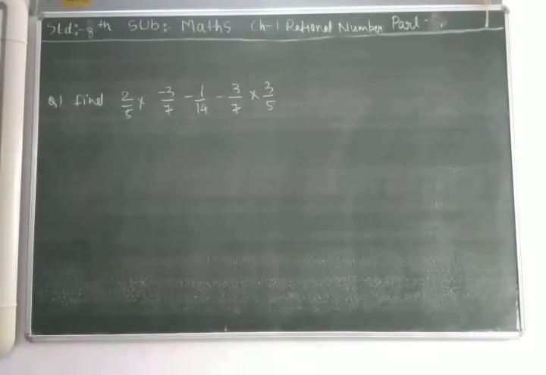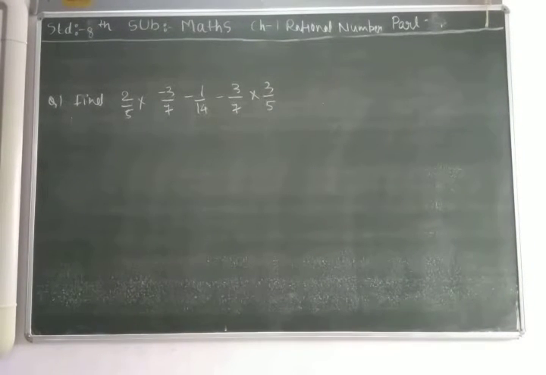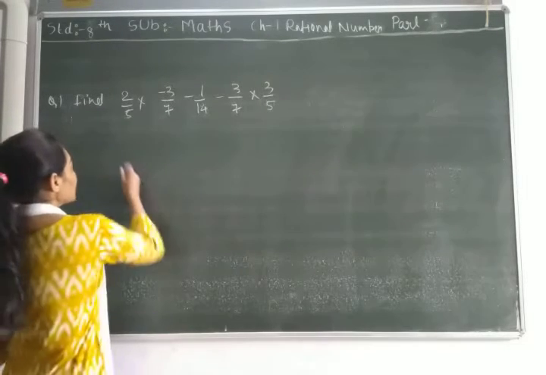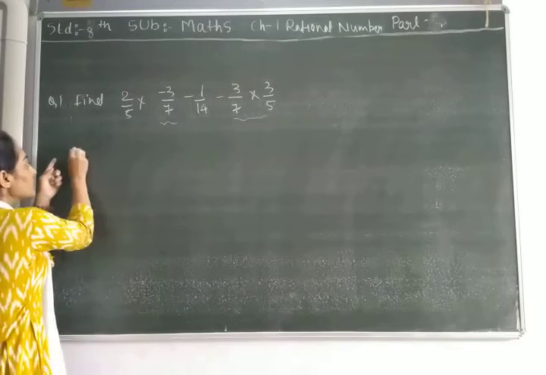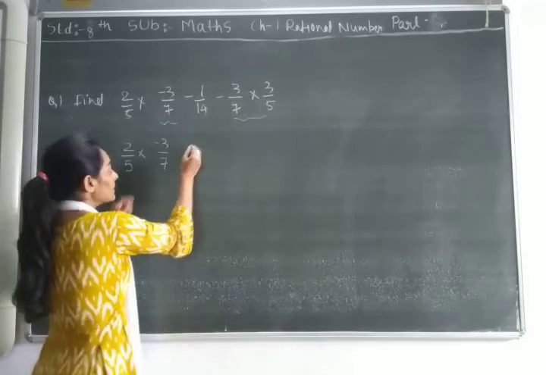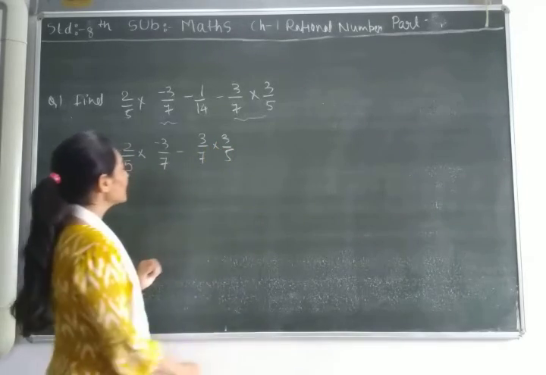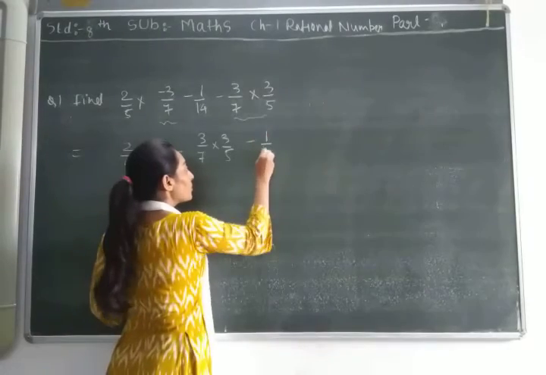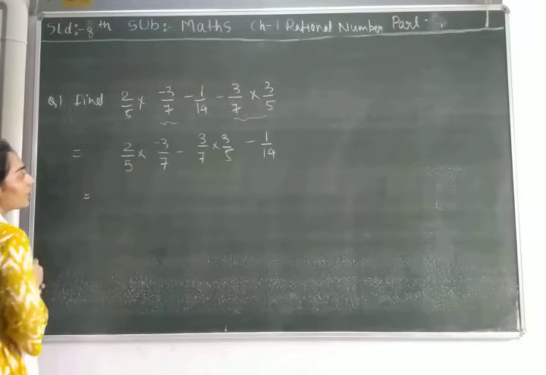We have to find this. For this one, which property are we going to use? Now look at over here. Anything common? Yes, minus 3 by 7. So I'm just making the group: 2 by 5 into minus 3 by 7, and here is my minus 3 by 7 into 3 by 5. These things are common. What is left is minus 1 upon 14.